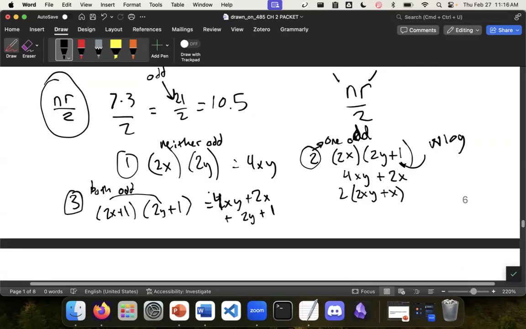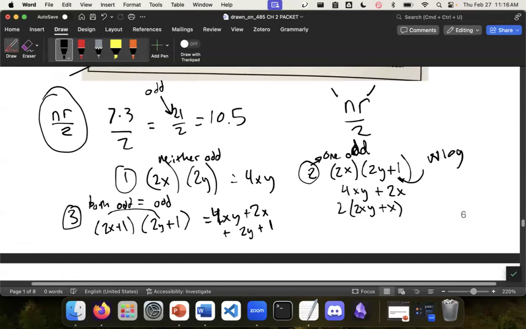So we can factor a 2 out of those first 3 terms, and then we get a plus 1 at the end. So both odd means that those 2 things multiplied together is odd.